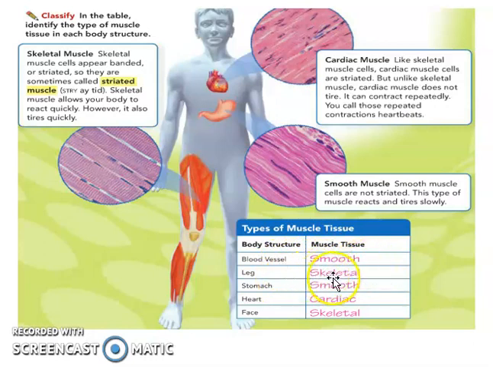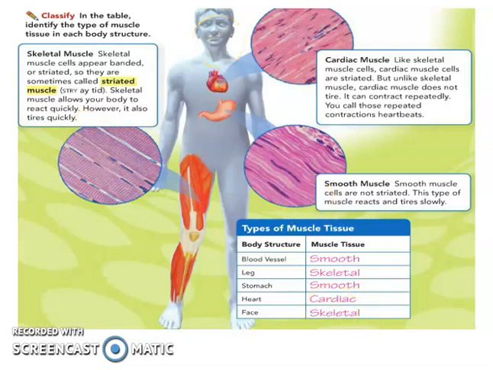Our leg is an example of skeletal muscle because it covers the bone in our thigh and legs. And stomach, since the stomach is an internal organ, that is a smooth muscle. Heart, you can only find cardiac muscle in the heart. And face, that is a skeletal muscle. Why? Because it covers the skull.